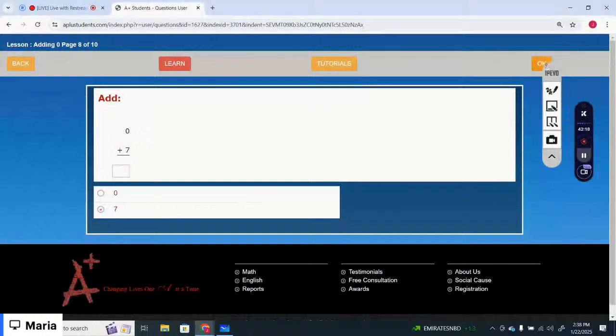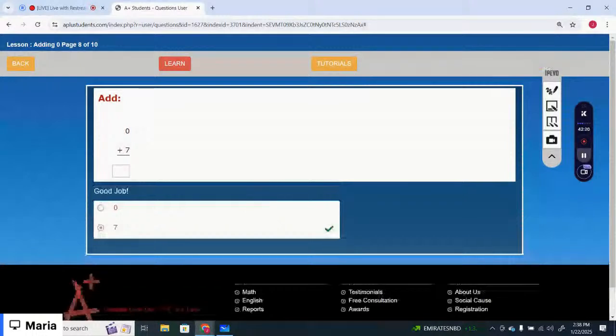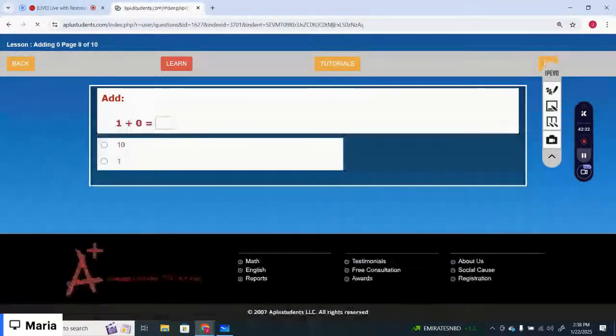The correct option is 7. One plus 0 makes 1. Option number 2 is the correct option.